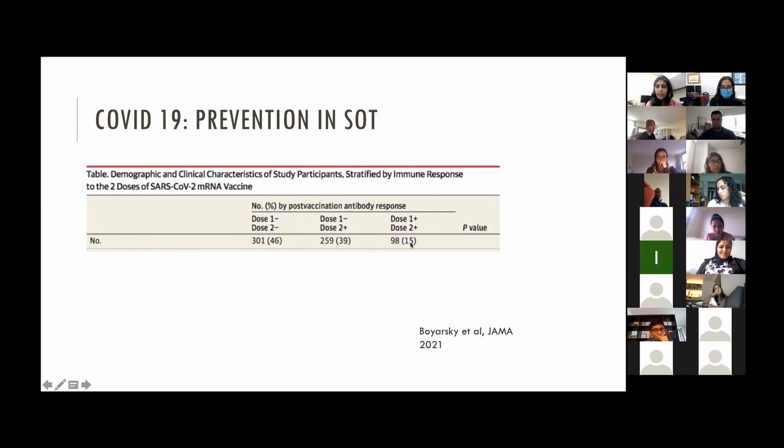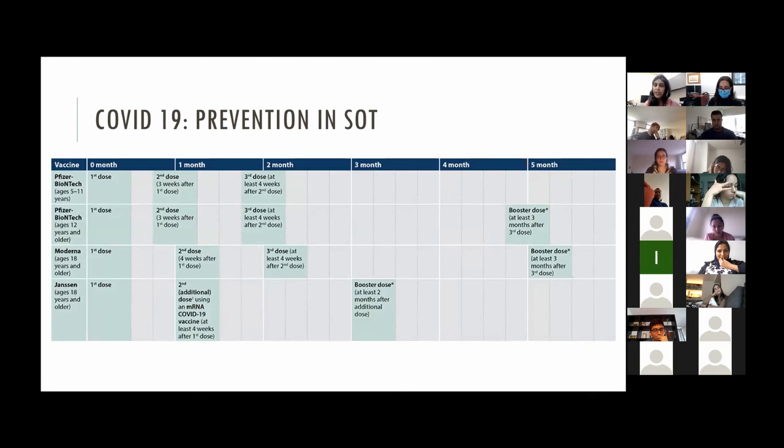And you can see only 15% of patients had an antibody response to 2 vaccines. 46% of patients did not. And so based on this study and a couple other studies, the CDC changed guidance in August of 2021 to suggest that transplant patients and immunosuppressed patients should be getting a 3-dose vaccine series.